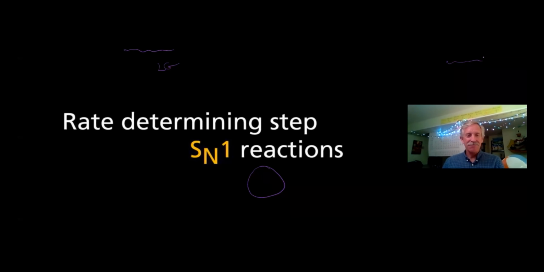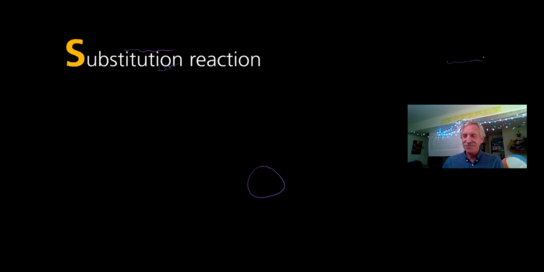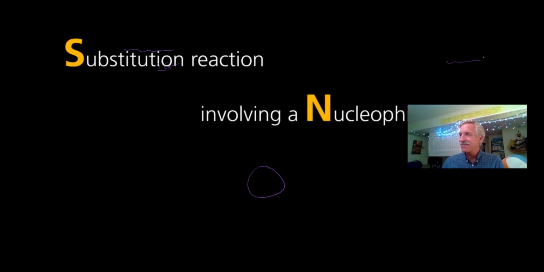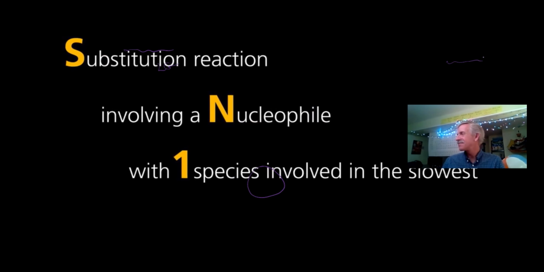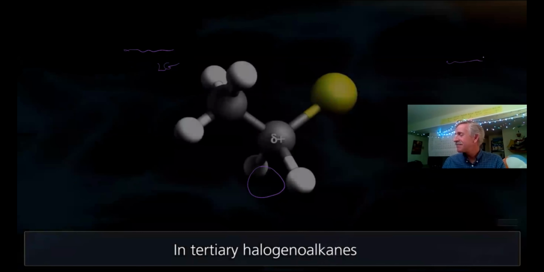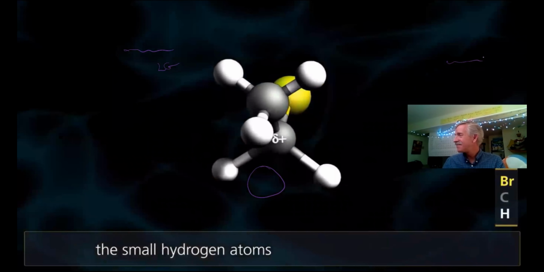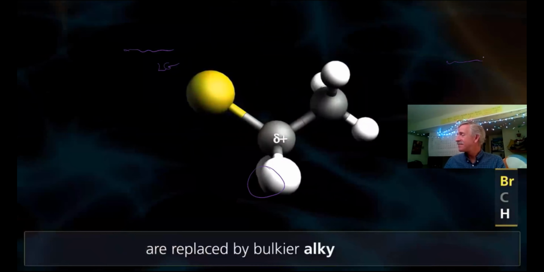Tertiary halogenoalkanes undergo SN1 reactions, where S indicates a substitution reaction is occurring, N indicates that a nucleophile is involved, and 1 indicates that only one species is involved in the slowest rate-determining step. In tertiary halogenoalkanes, the small hydrogen atoms in primary halogenoalkanes are replaced by bulkier alkyl groups.